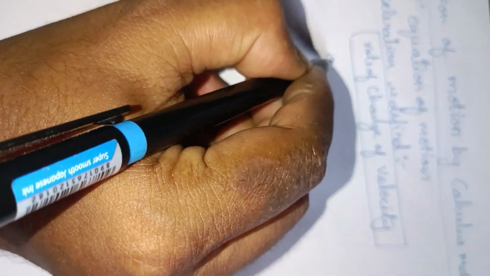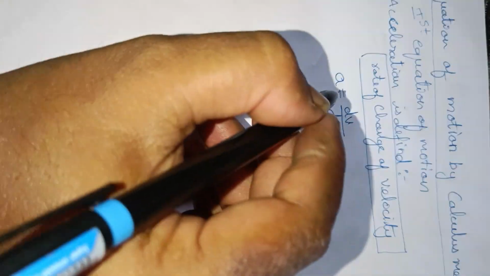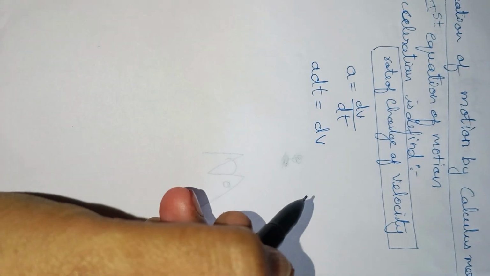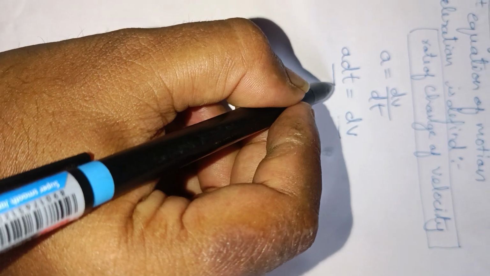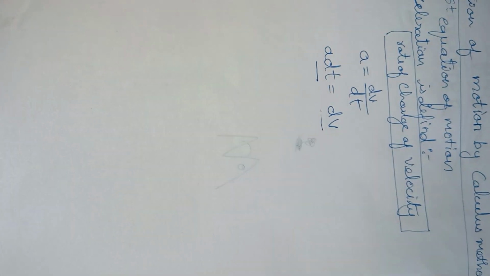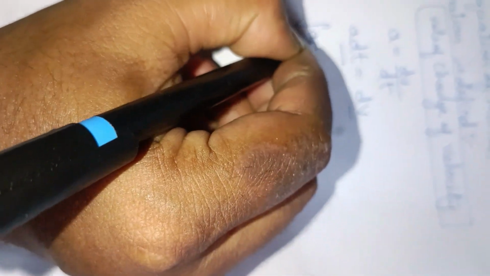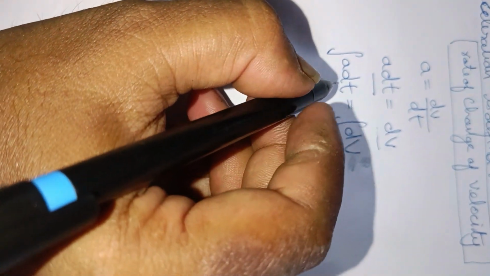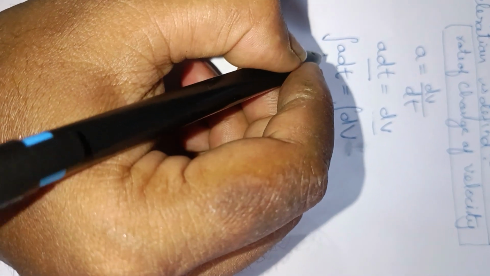So we can write A = dv/dt. Then we cross multiply: A dt = dv. Here we have dv as one set of variable and the change in time as the other. Applying integration on both sides, the integral of a dt equals the integral of dv.